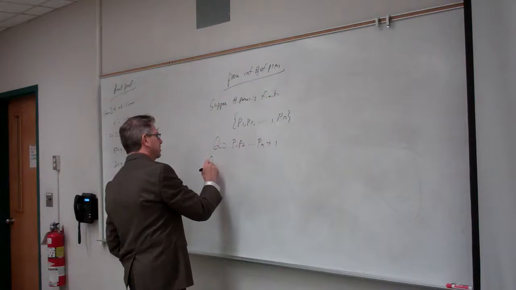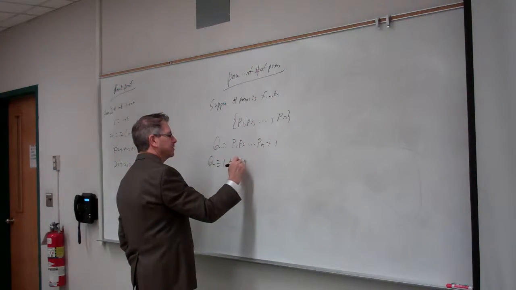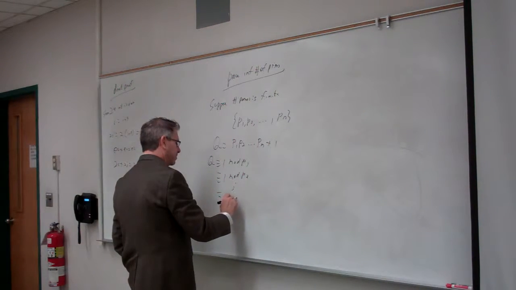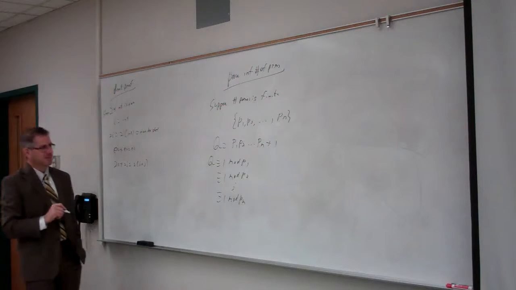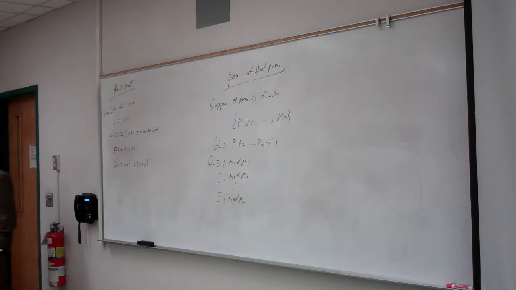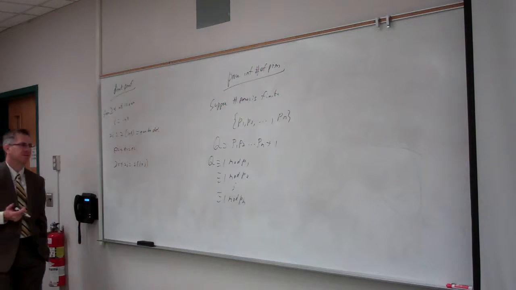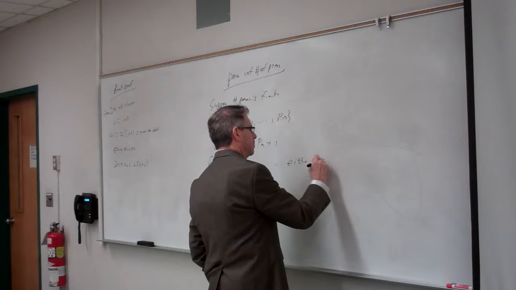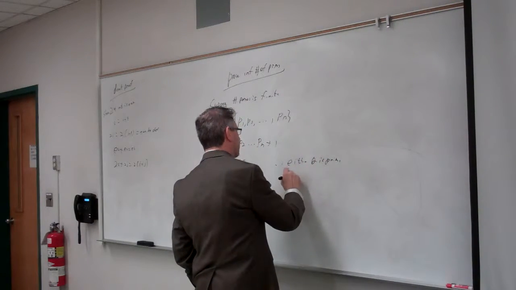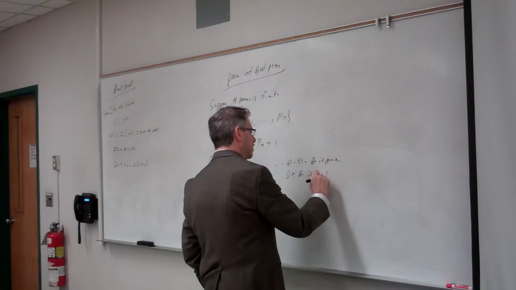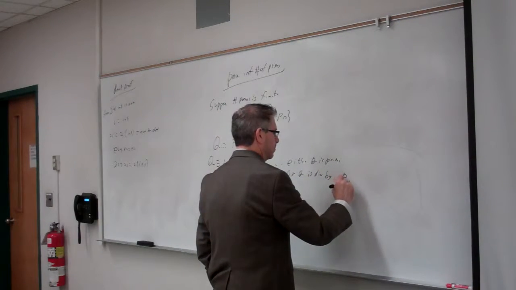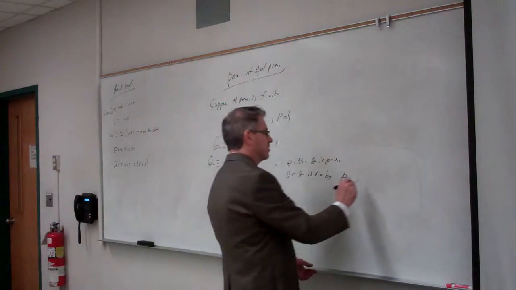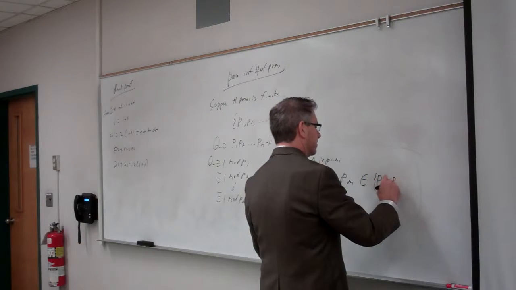So Q is congruent to 1 modulo P1, congruent to 1 modulo P2, congruent to 1 modulo Pn. So Q is not divisible by any of these primes, which means either Q is prime or Q is divisible by some other prime Pm, which is not in your set of primes.